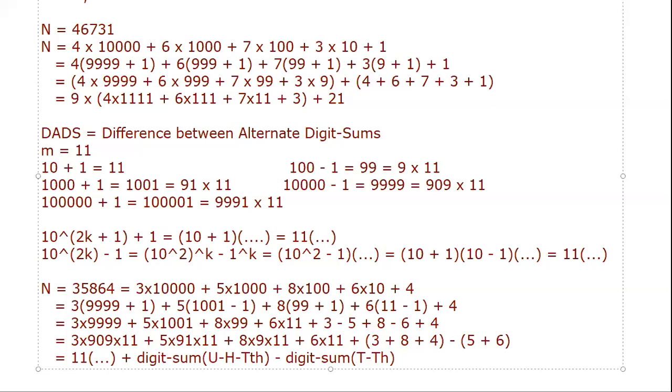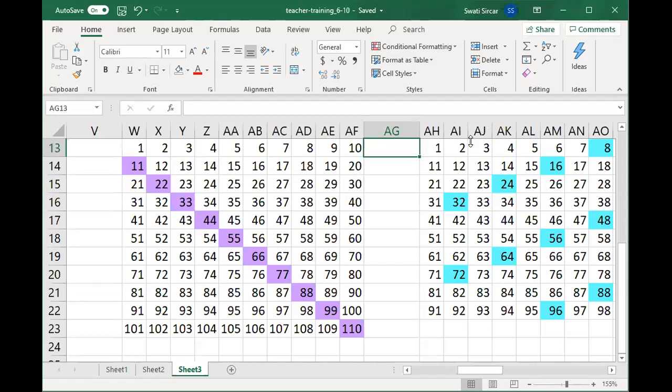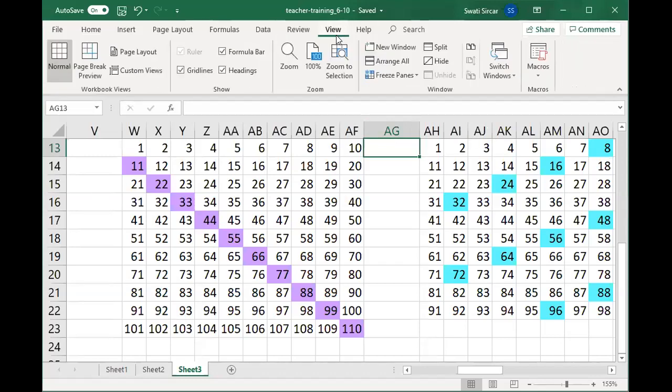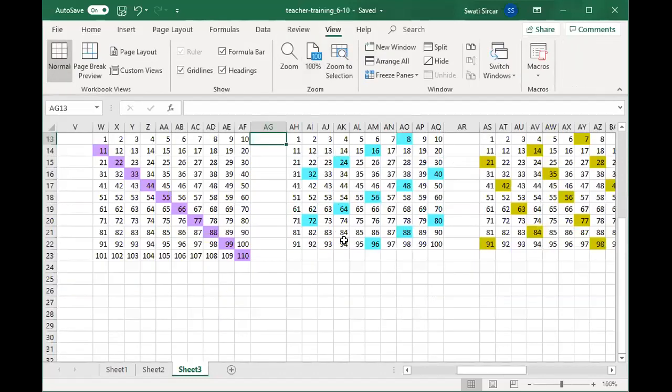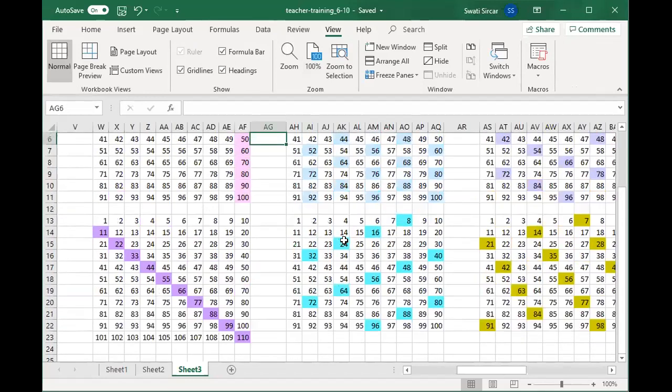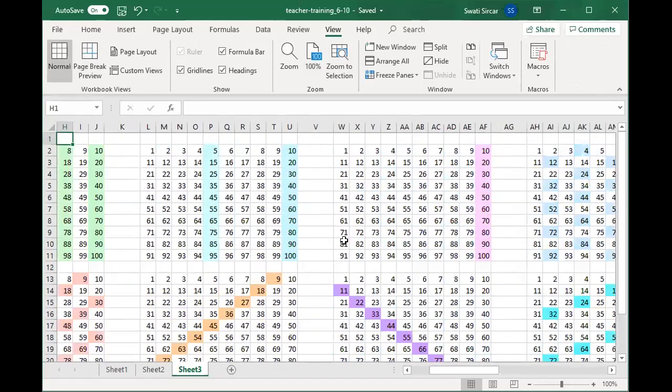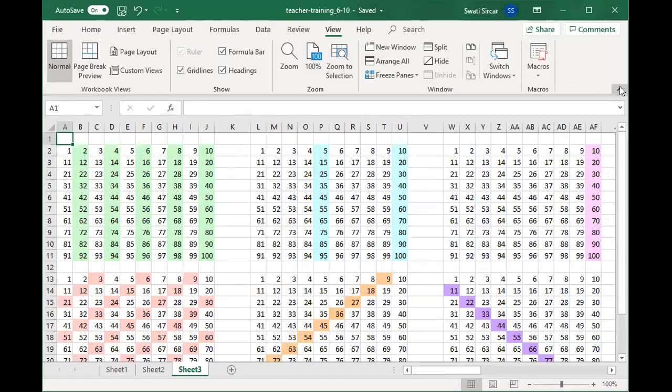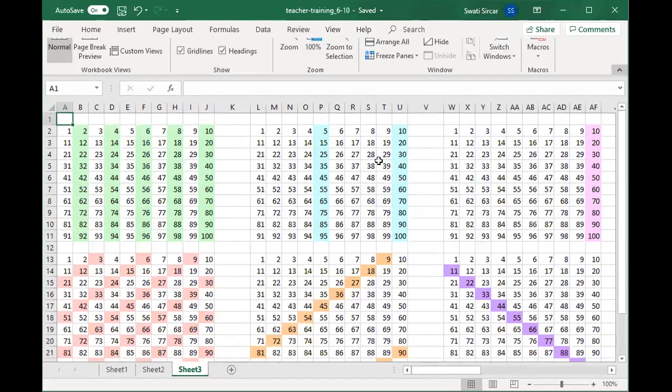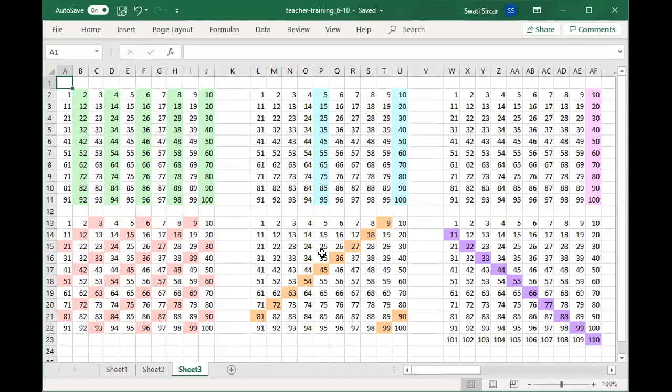If you look at the pattern, these are the numbers which have simple patterns. Straight vertical lines or diagonals. And we have rules for them.